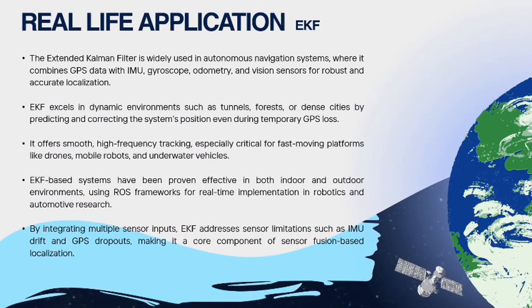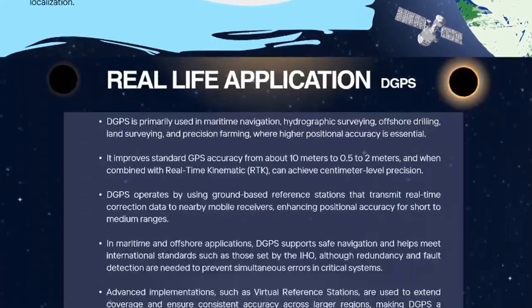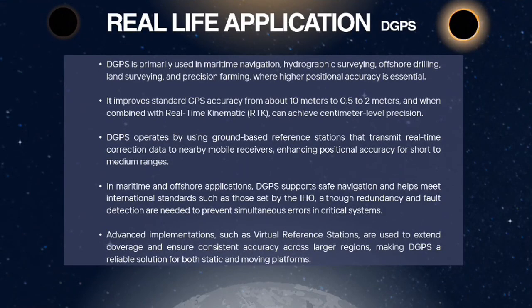Next, the extended Kalman filter is widely used in autonomous navigation systems, where it combines GPS data with IMU, gyroscope, odometry and vision sensors for robust and accurate localization. And lastly, DGPS is primarily used in maritime navigation, hydrographic surveying, offshore drilling, land surveying, and precision farming, where higher positional accuracy is essential.